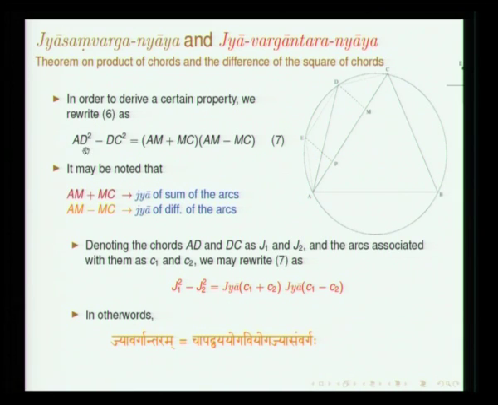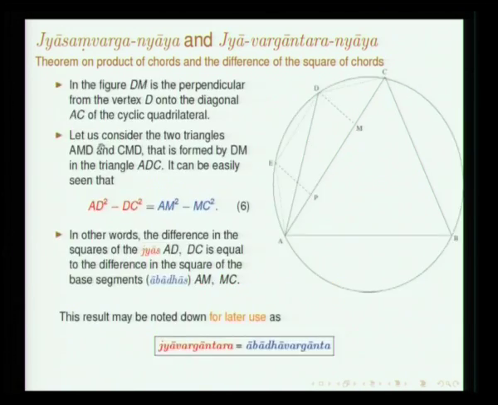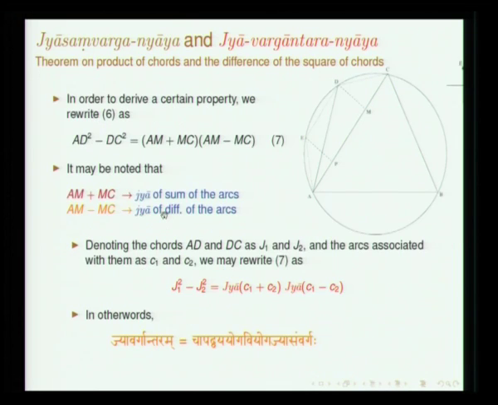Now we are going to rewrite this equation to arrive at some other interesting result. AD square minus DC square is AM square minus MC square, so you write it this way: AM plus MC into AM minus MC. This AM plus MC is the jya of the sum of the two arcs. Now we will speak in terms of arcs.